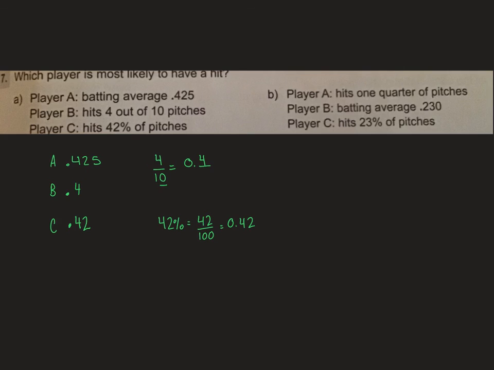So I'm going to use a different color here, but my furthest place is the thousandths, right, for question A. So I'm going to make each of these add zeros until they all make it to the thousandths place. So my lowest number is 400, then 420, then 425. So player A is the most likely to hit it.